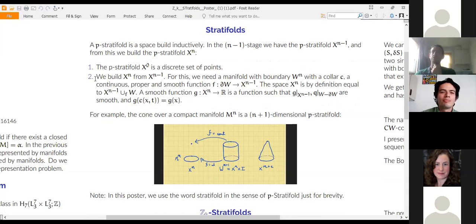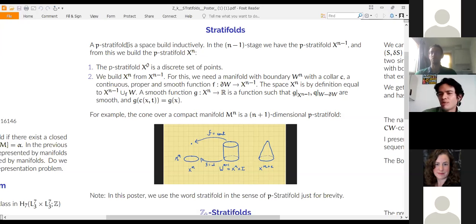You can read this in this part of the poster. It looks like a CW complex, it is similar in this definition. But the idea is that you have a set of functions. You call these the smooth functions, and you can recover some well-known facts of differential manifolds, maybe like differential forms. You have this set of notions in this set of P-stratifolds.